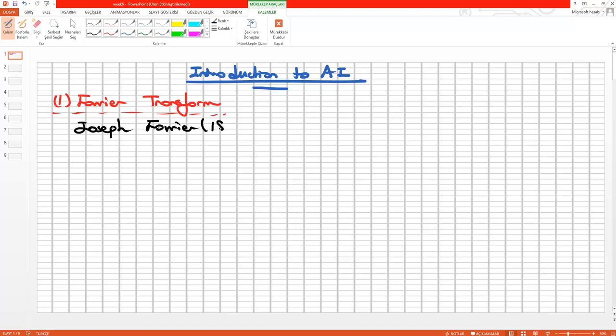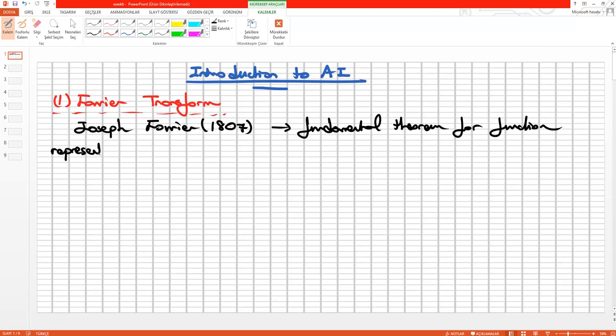in 1807, and it's the fundamental theorem for function representation in the frequency domain.